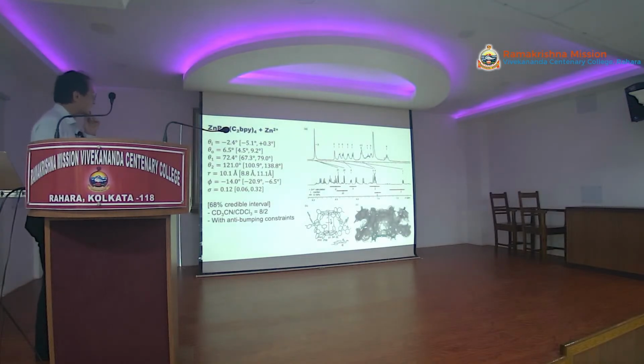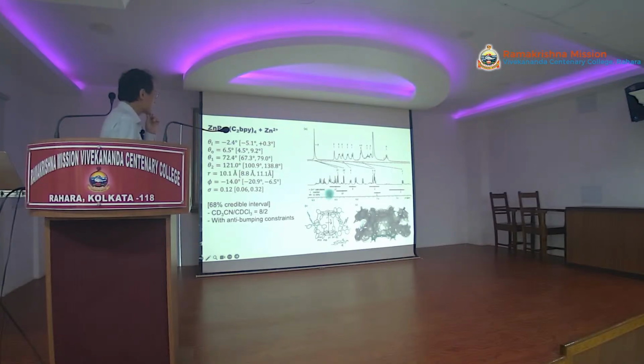And then this is the predicted chemical shift positions, and this is the experimental result, and the agreement is reasonably good, and this is the most likely structure of the dimer.